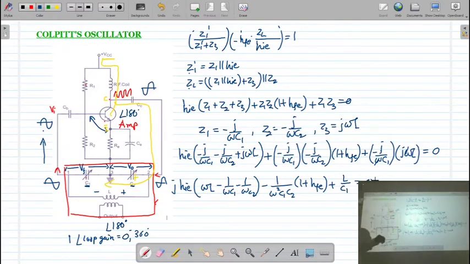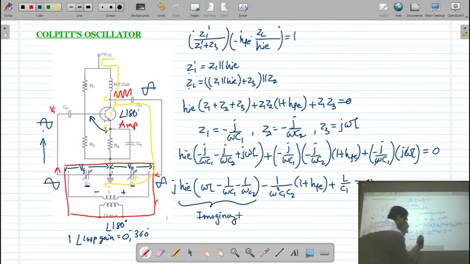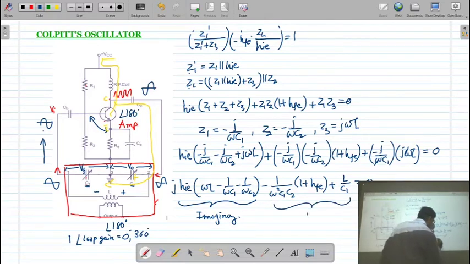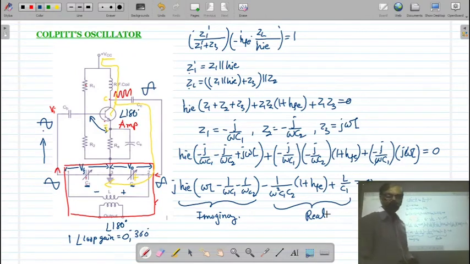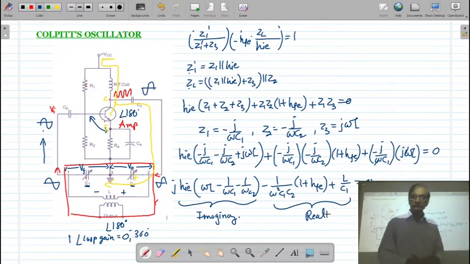So now if you look at this loop gain K, in this we have this imaginary term and this is a real term. Correct? So basically this is representing what? That the loop gain is a complex number.